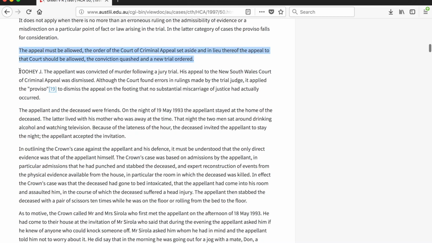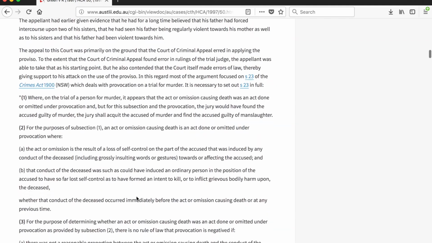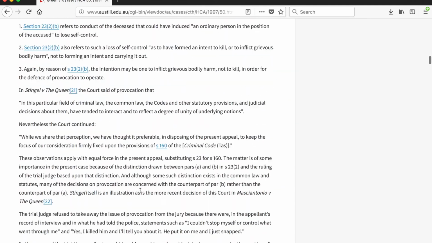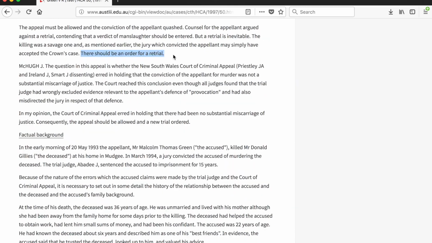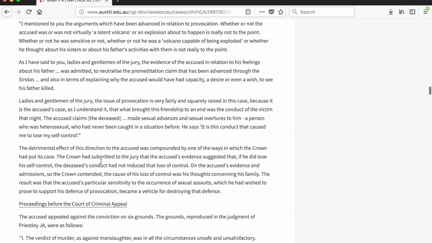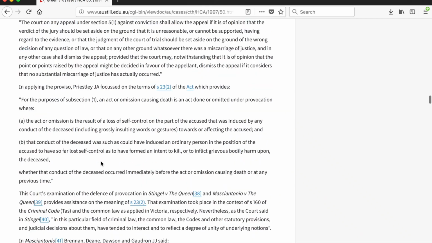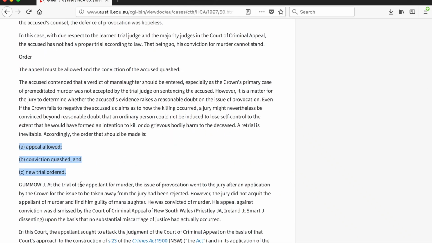Immediately after that, we can see that Justice Toohey has written a solo judgment, and Justice Toohey has also said the appeal must be allowed and a new trial ordered. Next, Justice McHugh has written his own judgment. Scrolling down, we find that he too said the appeal must be allowed and a new trial ordered. So that's 3 out of 3 agreeing with the appeal.